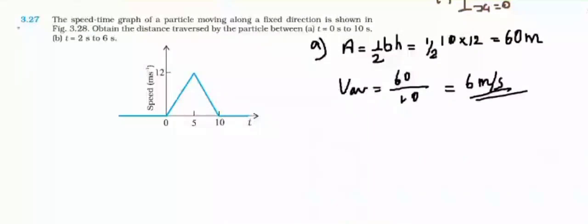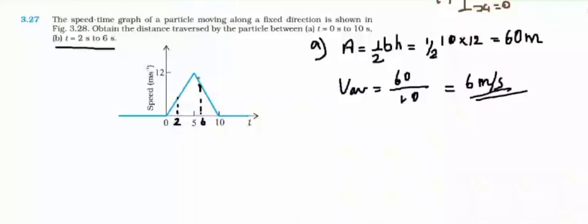Now come to part B. t is equal to 2 seconds to 6 seconds. If you want to calculate, then here at 2 seconds we have to take the point corresponding to 2 seconds. Then here the point corresponding to 6 seconds.